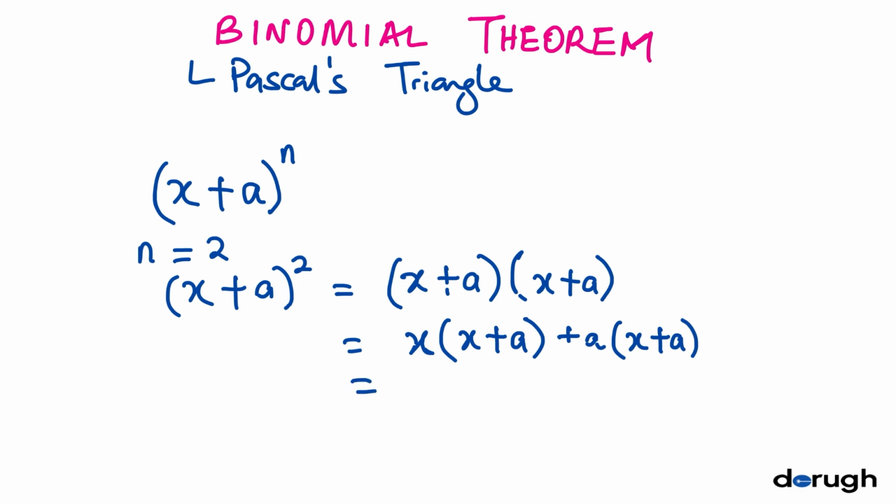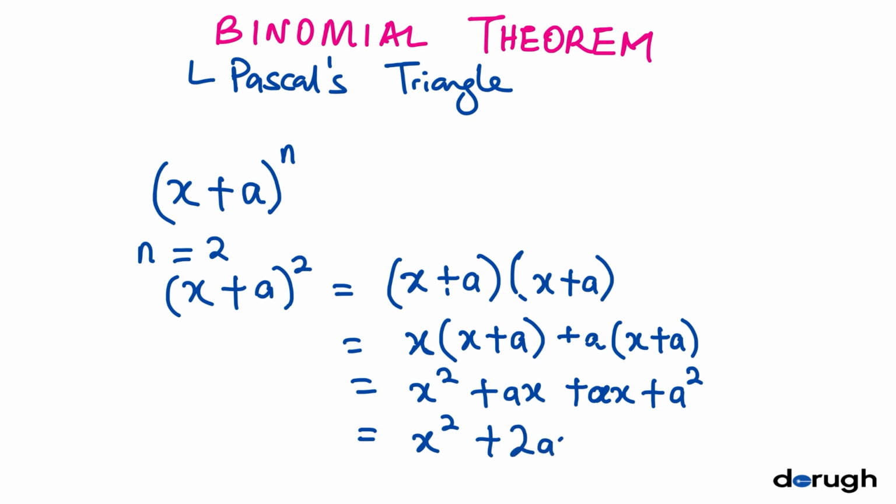When we open it all up, we have x squared plus ax plus ax plus a squared, which gives x squared plus 2ax plus a squared. So when the power is 2, we were able to get our answer in 4 steps.